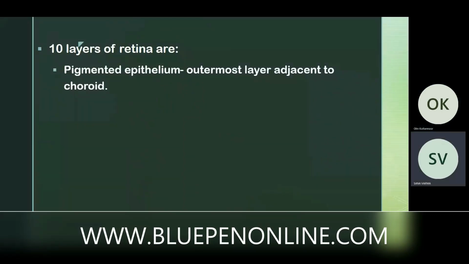It contains numerous round pigmented granules, which have extensions in between the rods and cones. It also contains melanin pigments called fuscin, and it is in this pigmented epithelium that vitamin A is stored.